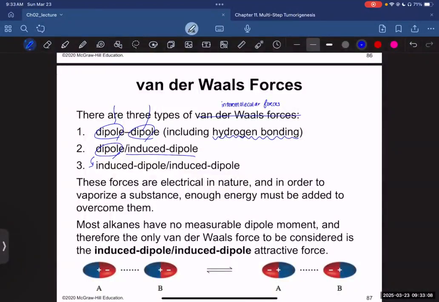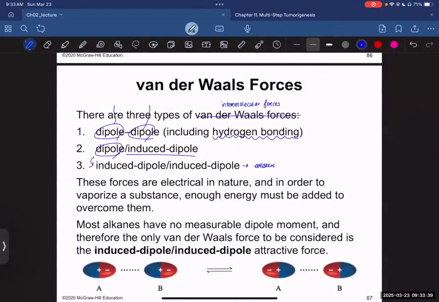Induced dipole-induced dipole is usually between nonpolar compounds and other nonpolar compounds. But as a result of the instantaneous partial positive and partial negative charge due to electron movement, the other molecules nearby also exhibit that type of dipole pattern. As a result, this is one of the weakest intermolecular forces present.